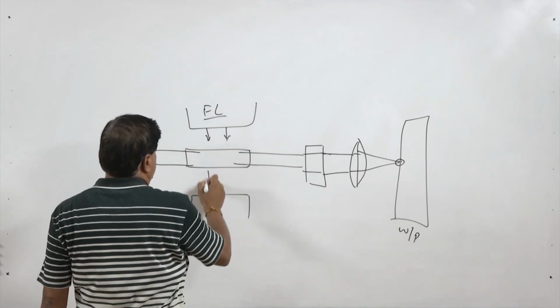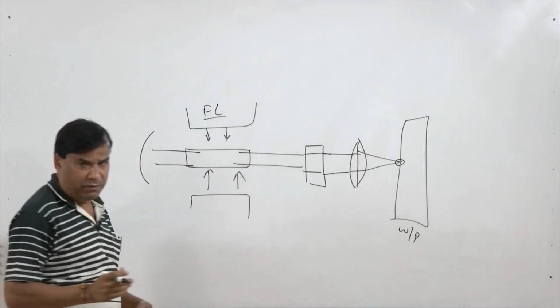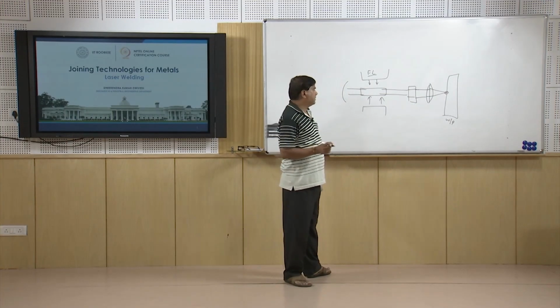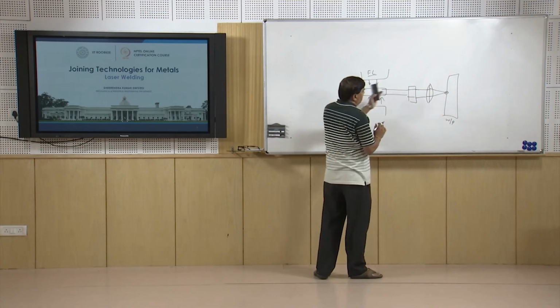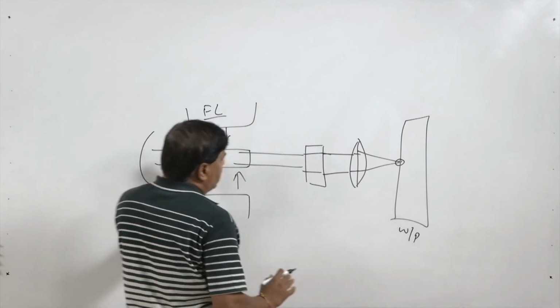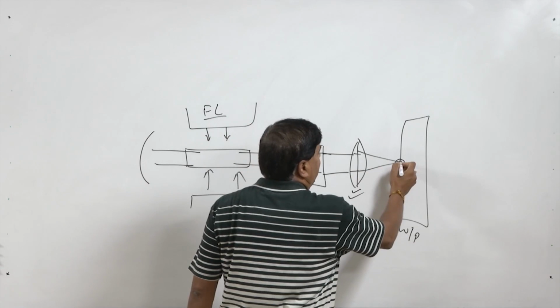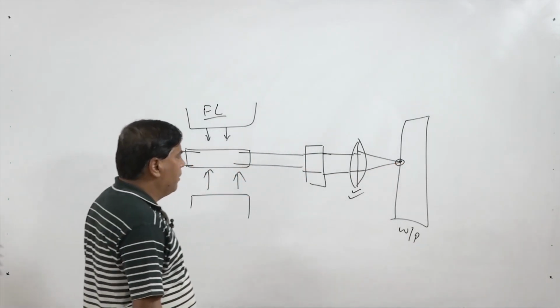So, using flash lamps, light energy is directed, which excites the material, which may be in the form of gases or ruby crystal. Gases like helium, argon or carbon dioxide can be used. These are the reflectors which reflect and focus all this towards the lenses, and the lenses finally converge it onto the surface of the workpiece.